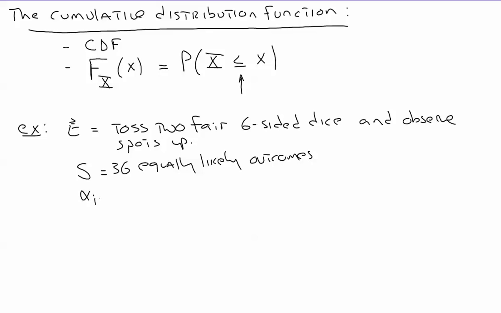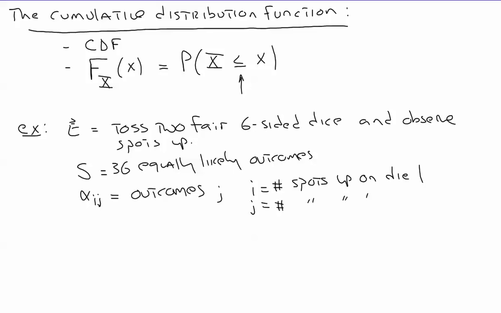Outcomes are going to be designated alpha sub i j, designated in such a way that little i equals number of spots up on die 1 and j equals number of spots up on die 2.